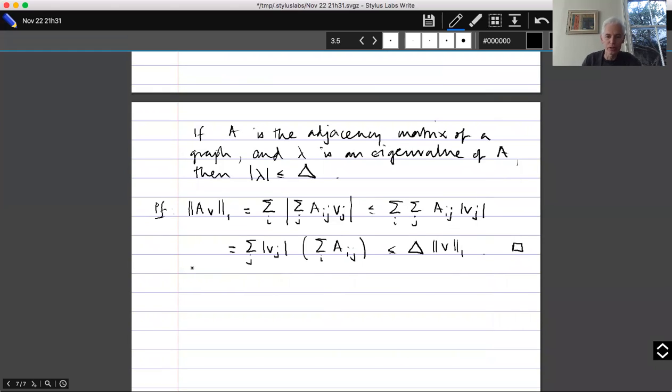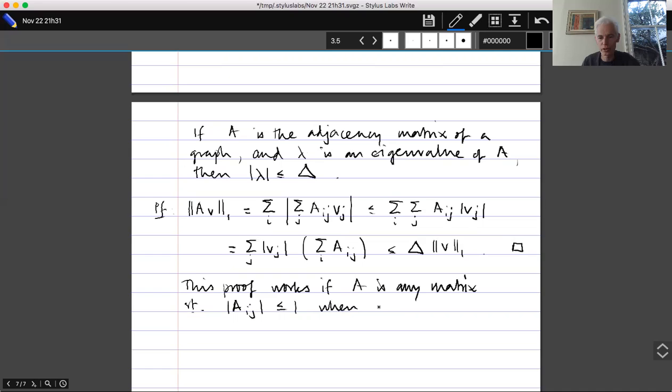But the extra comment I wanted to make was this proof works if A is any matrix such that the modulus of aij is less than or equal to 1 when ij is an edge, and aij equals 0 when ij is not an edge.